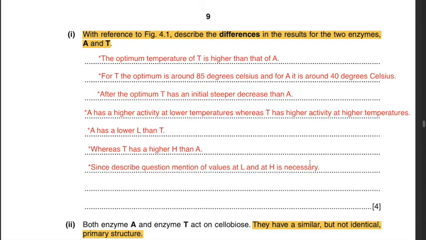That is another key point, because the question refers to describe the differences, and for questions where it mentions describe, you should mention values, because values are a key part of this question.